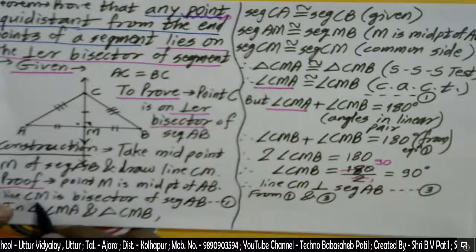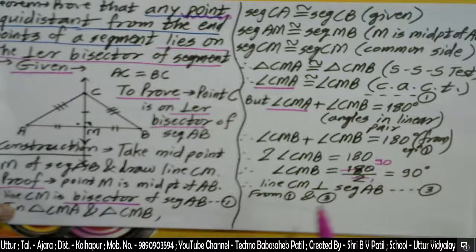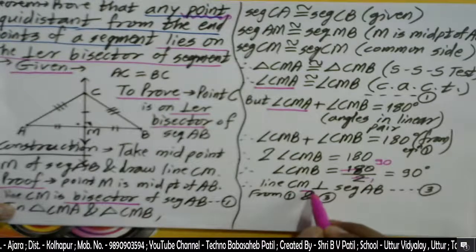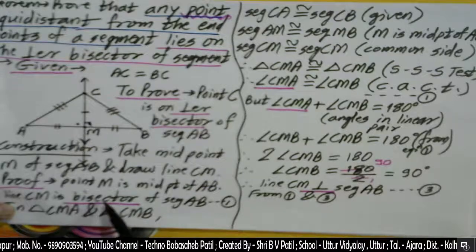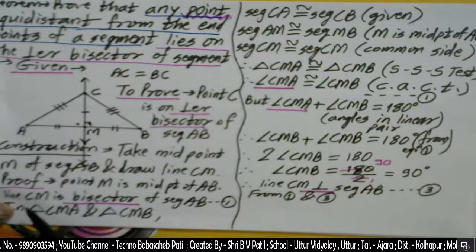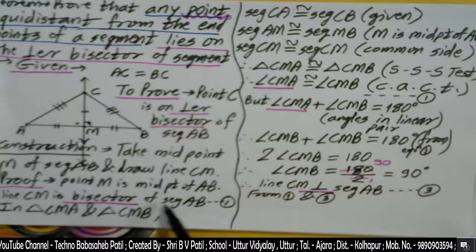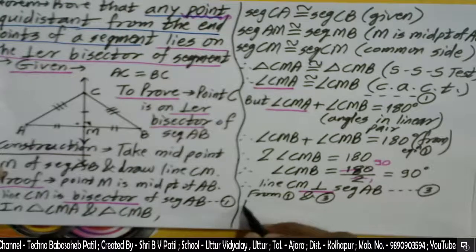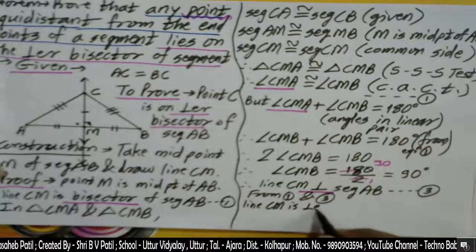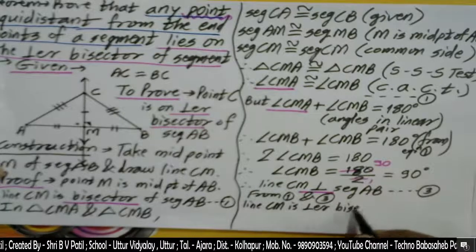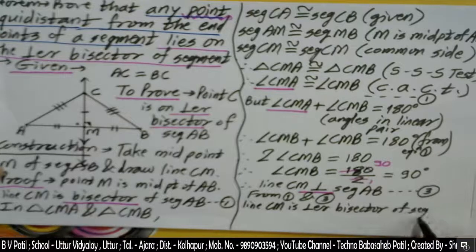Line CM is a bisector, and here line CM is perpendicular, so both connect together. Line CM is the perpendicular bisector of segment AB.